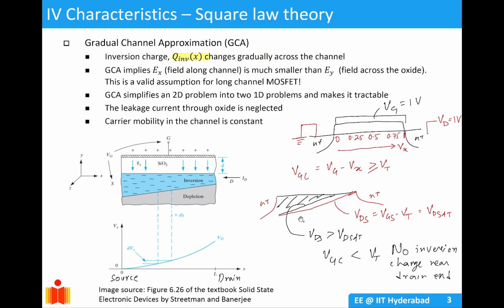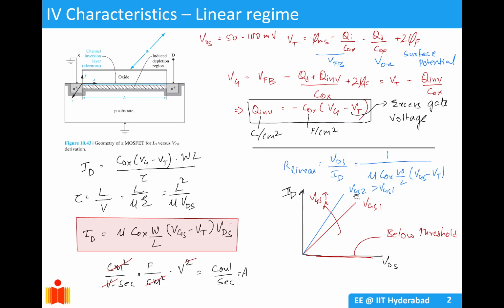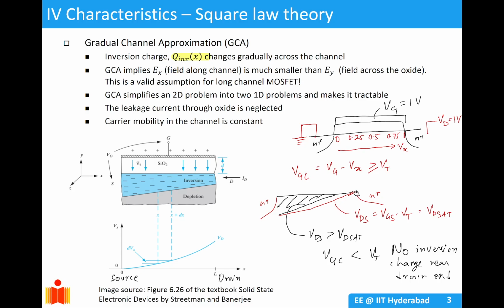So from this theory, we can calculate the pinch off region, that is the point when the Q inversion charges become zero. When we do that, we get that this becomes zero when VDS equals VG minus VT, that is at VD sat.